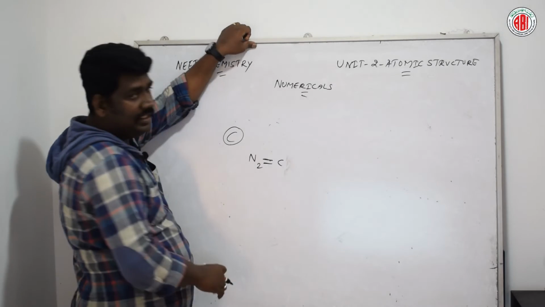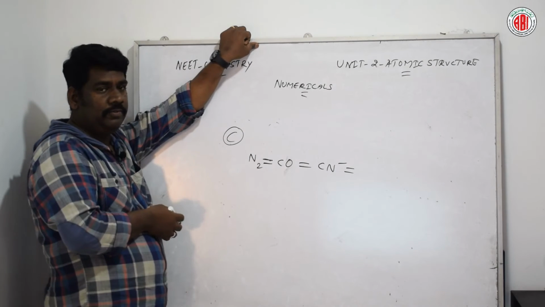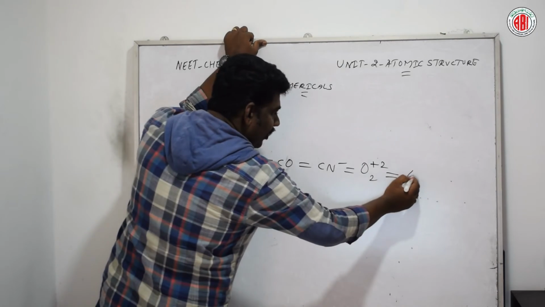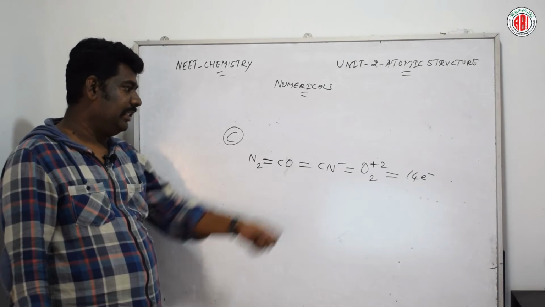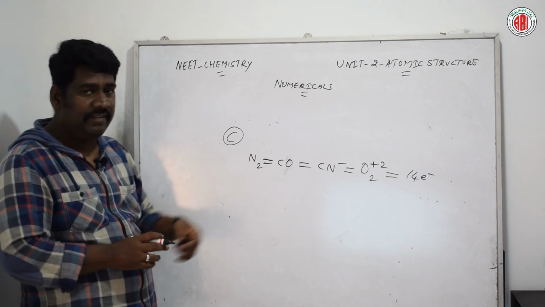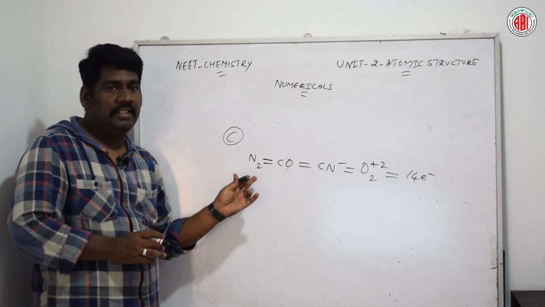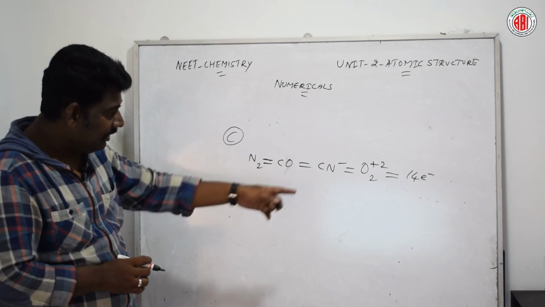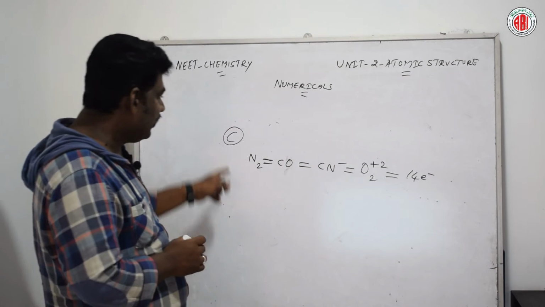So here we can see that N2, CO, CN-, and O2+ each have 14 electrons. All these different species have the same number of electrons. That is the reason we say these are all isoelectronic species. So according to this question, option C is the right answer.